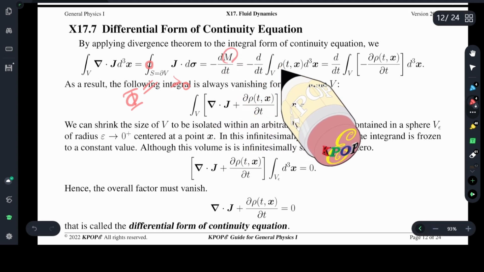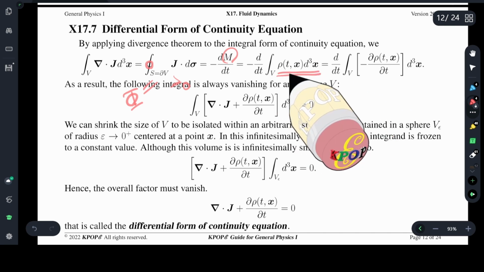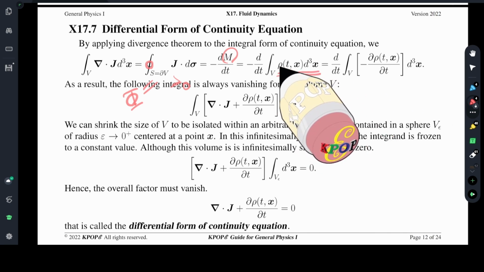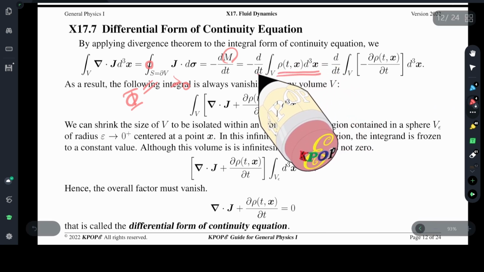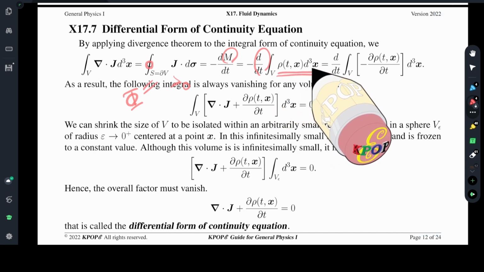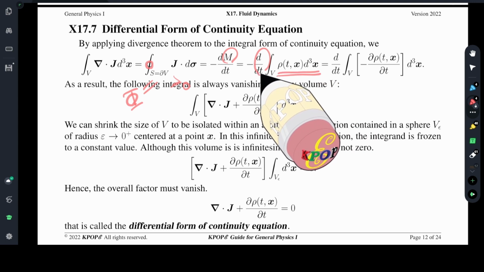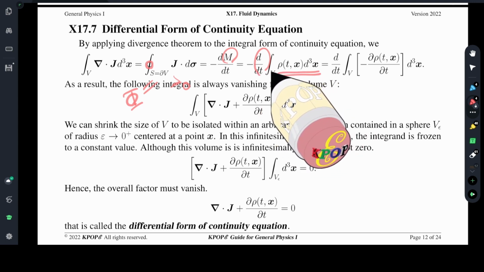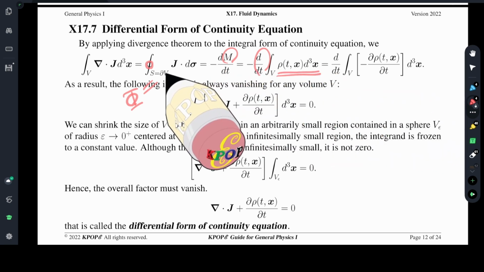And mass should be replaced with the density integral over the volume. And I have inserted this time derivative inside because the volume position is independent of time. So this time derivative is applied as a partial derivative, and then is moved to the left-hand side.